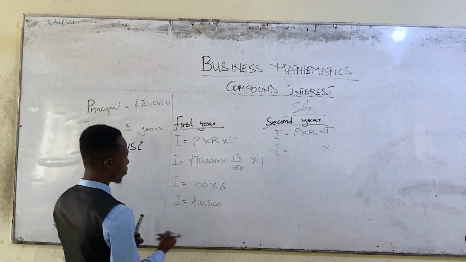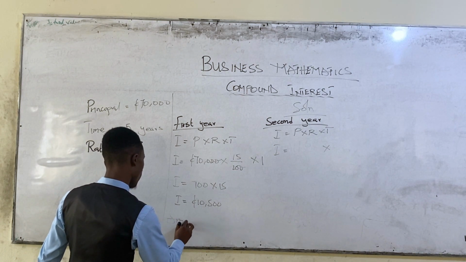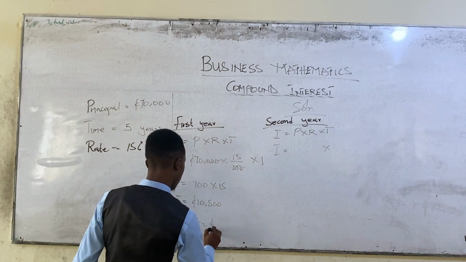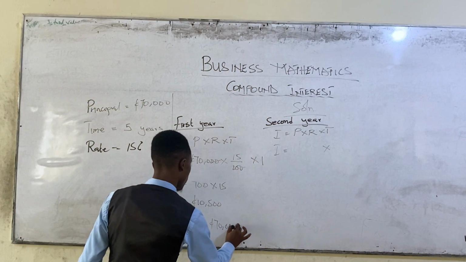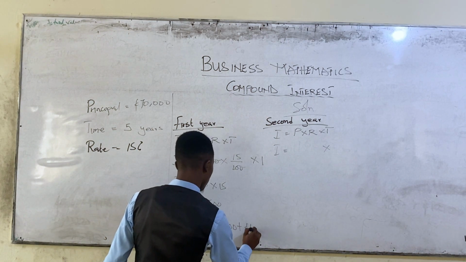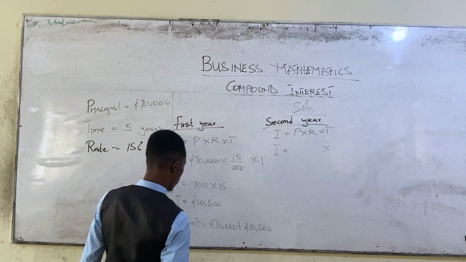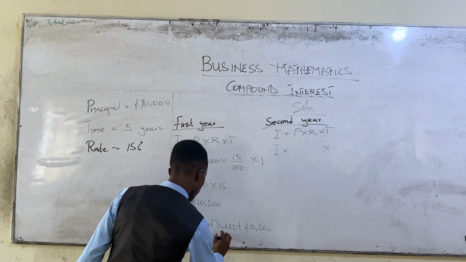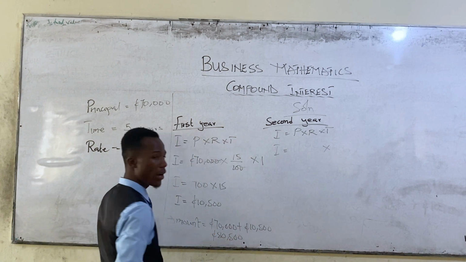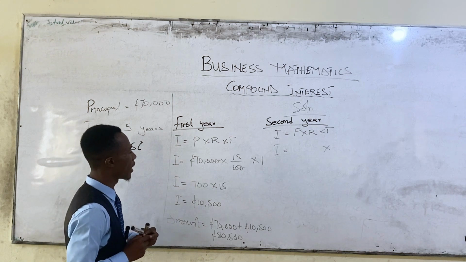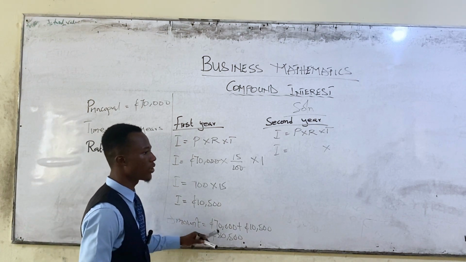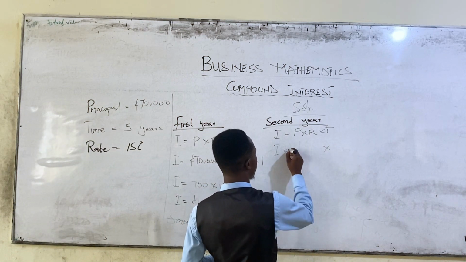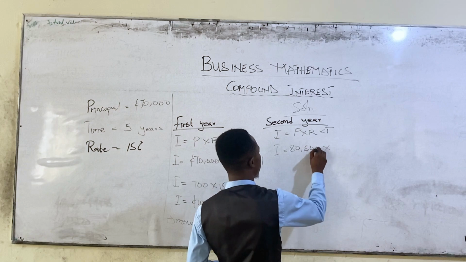So the amount after the first year is our principal, 70,000, plus the interest, 10,500, which is 80,500. The amount for the first year is going to be our principal for the second year. So we have 80,500 here.